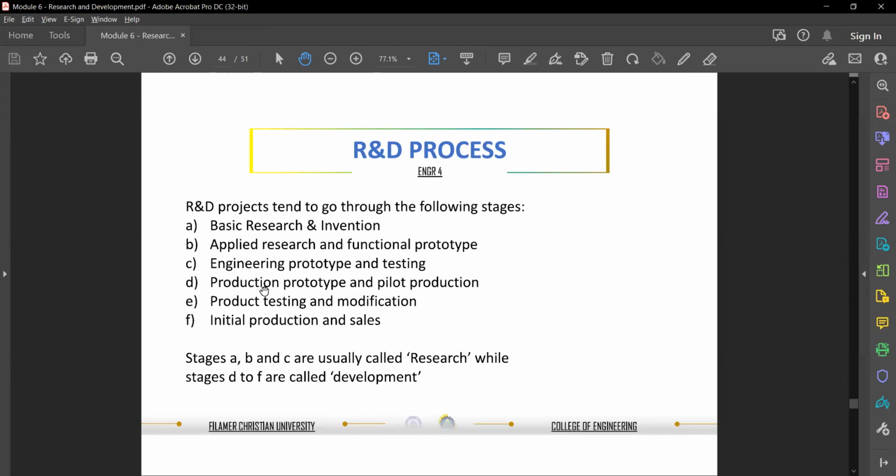From research going to product na. Ayan. So stages A, B, and C are usually called research, while stages D to F are called development. So ito yung research and development process natin. Ayan. So hanggang prototype na yung research. Then pagdating sa development, yun na yung in-implement mo na yung prototype to products for commercial.